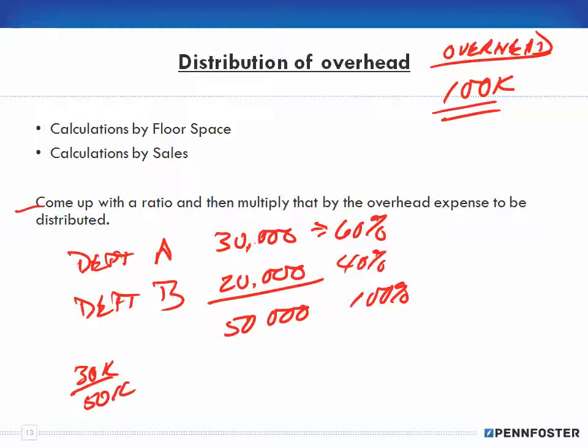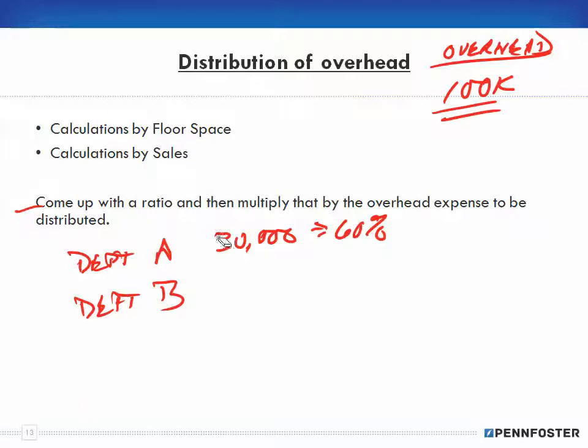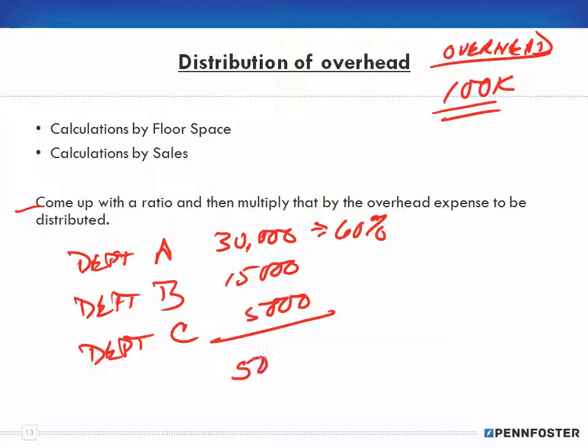But let me just throw a little monkey wrench in here. Let's say department B is 15,000 and department C is 5,000. I still have the same 50,000 as a total, right? So that means department A is 30,000 divided by 50,000, which is 60%.